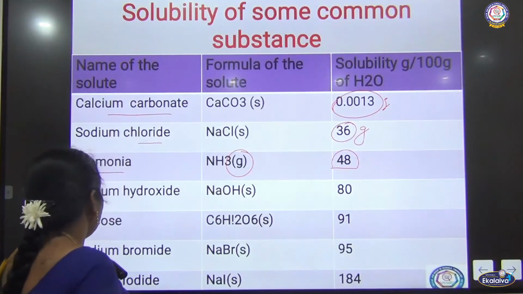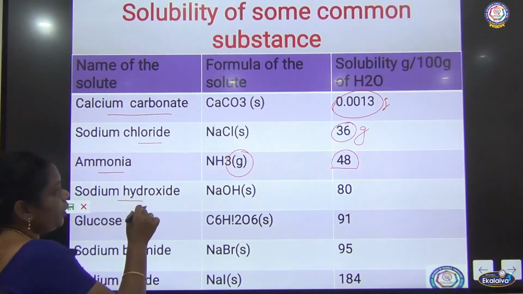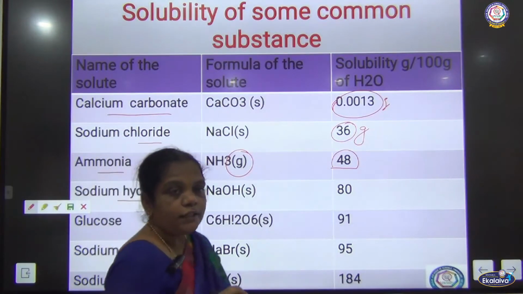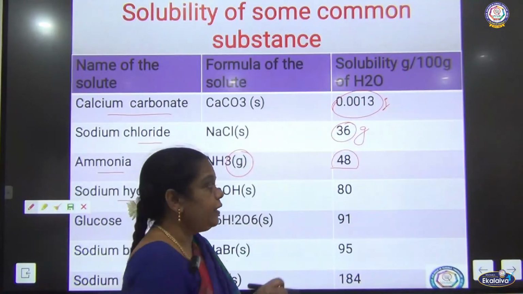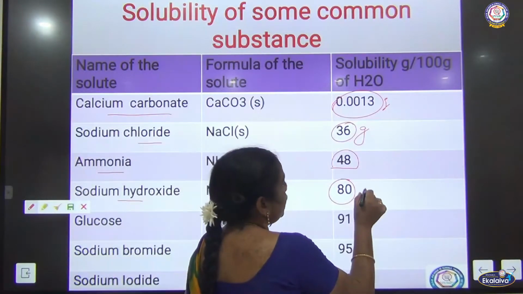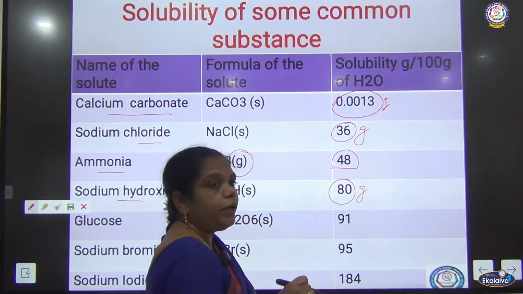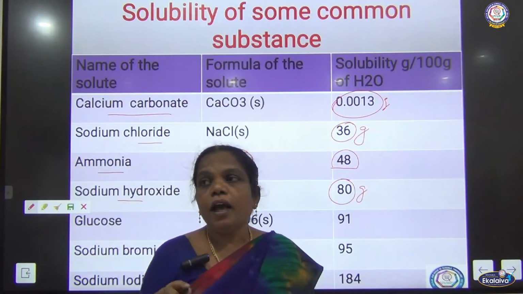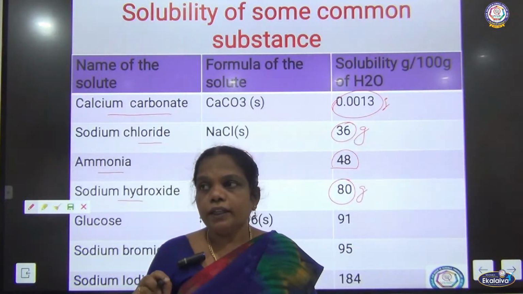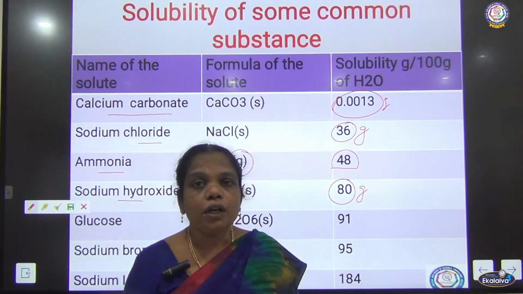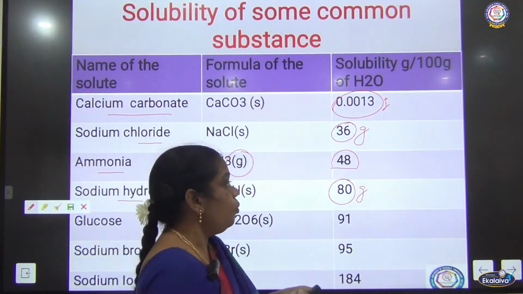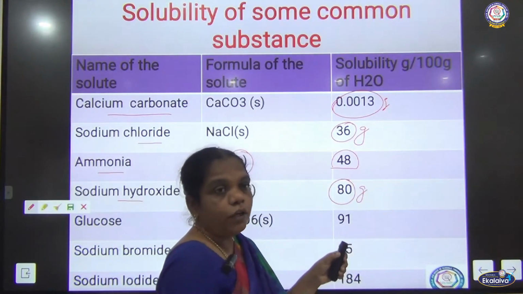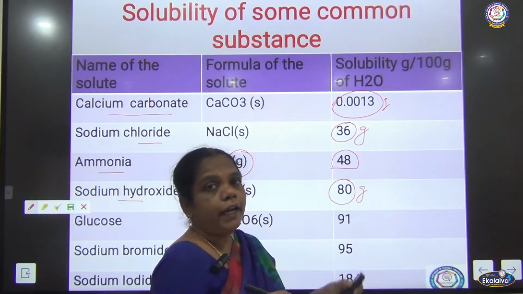This ammonia can be used in cleaning solution. And then sodium hydroxide, it is a solid substance. The saturated amount of sodium hydroxide is 80 gram. 80 gram of sodium hydroxide can be dissolved in 100 gram of water. That is the saturated solution of sodium hydroxide. We cannot add any more sodium hydroxide above 80 gram.